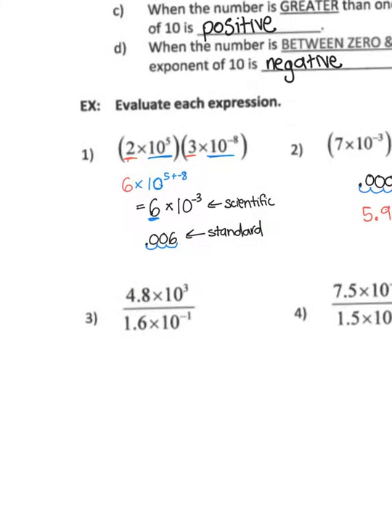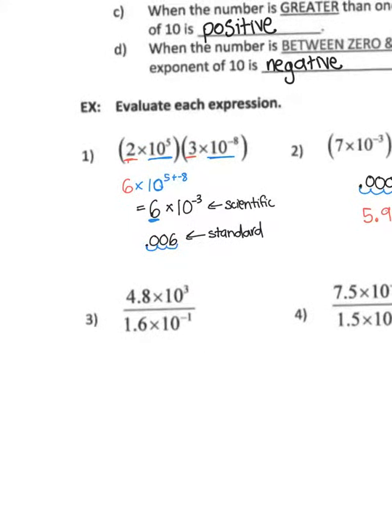Okay, let's look at number 3. For this example, when I type this into my calculator, I get 30,000 in standard form. But remember, I'm looking for scientific form, so I need to move my decimal over so that I only have one number out front.